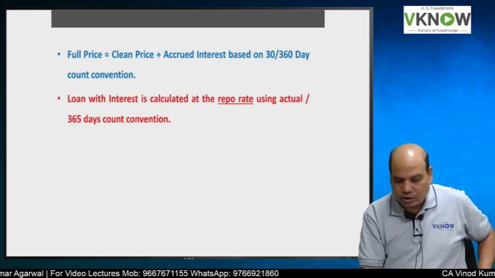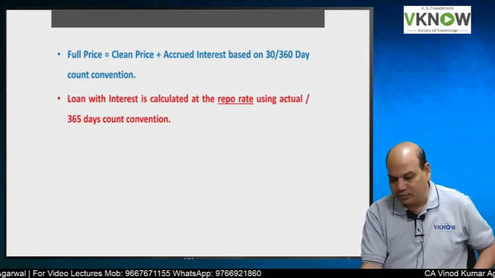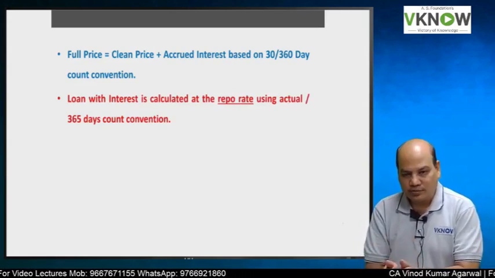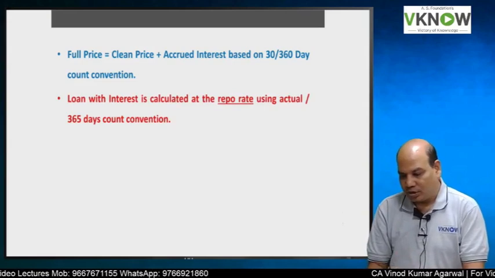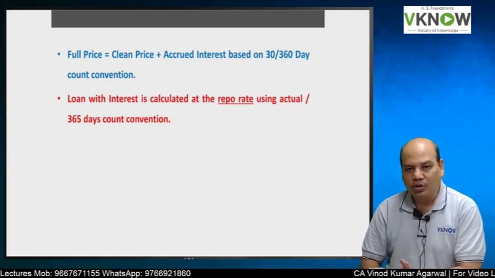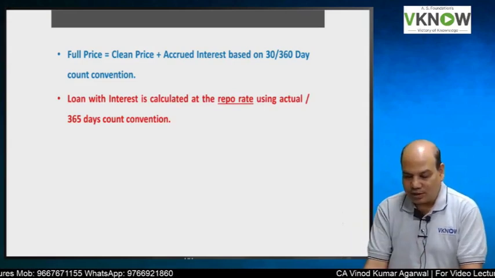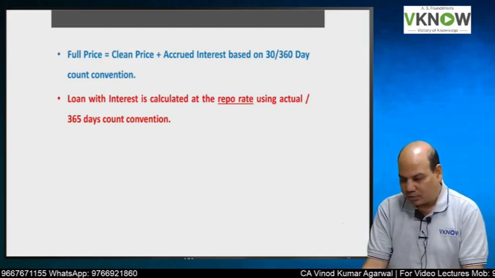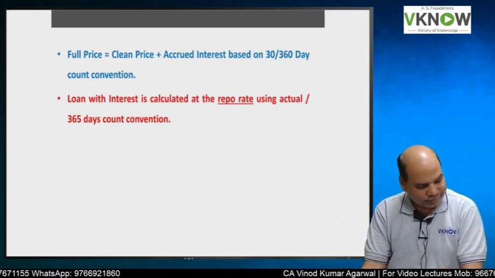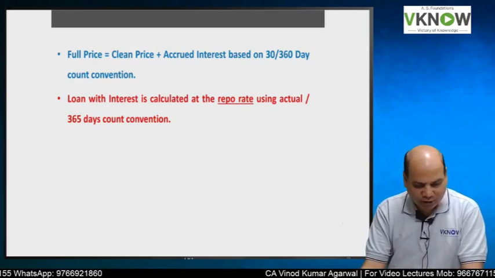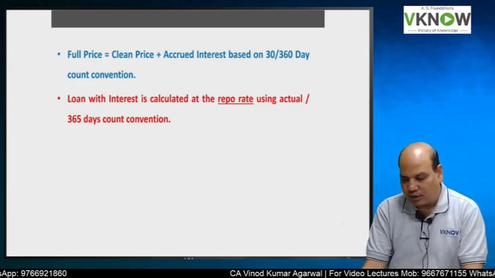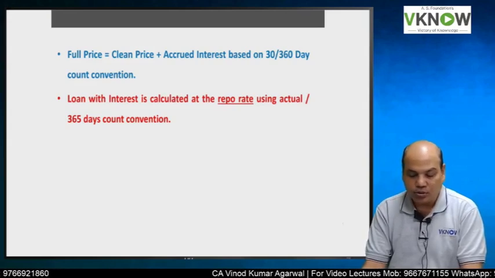Now write down loan with interest. That means the loan which is actually given. The amount lent by the lender is calculated at the repo rate using actual divided by 360 days count convention.